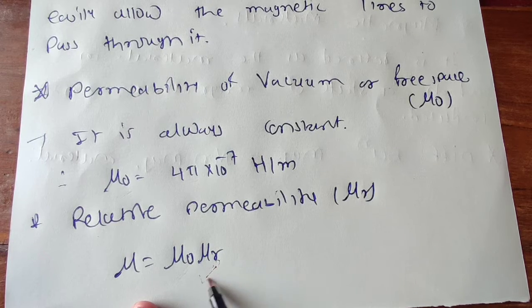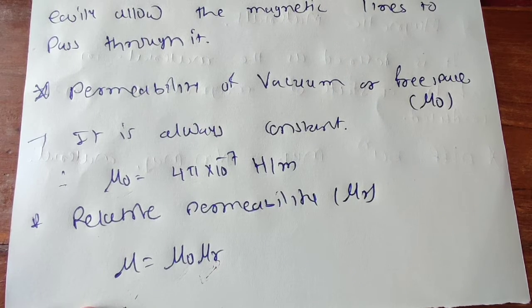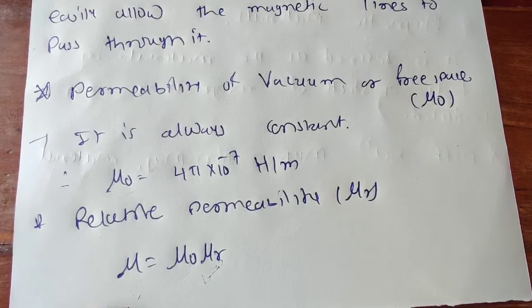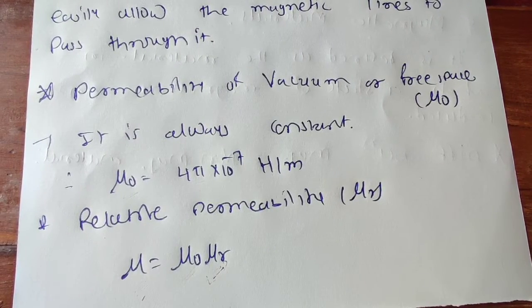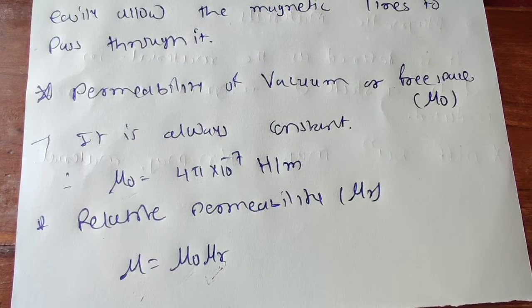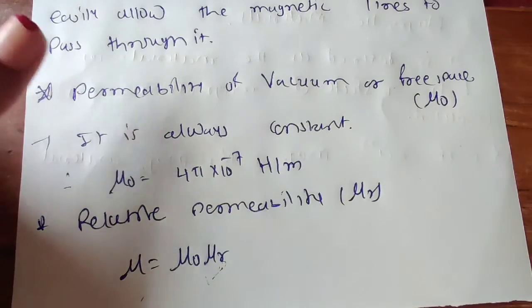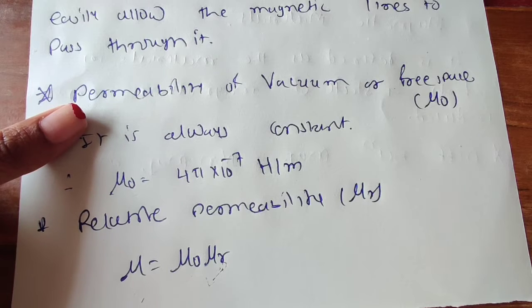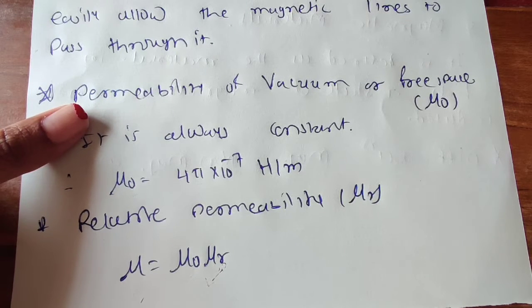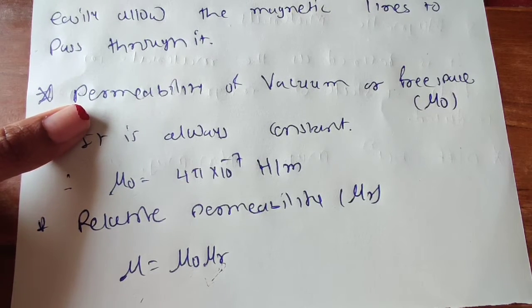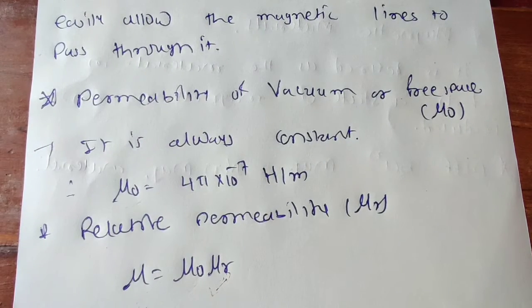This is the relative permeability and this is your permeability. Mu r is a unitless quantity and its value varies with the degree of magnetization of a material. So this is all about permeability, relative permeability and absolute permeability. They may ask you this as a definition in the examination.